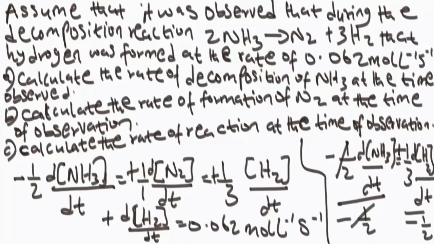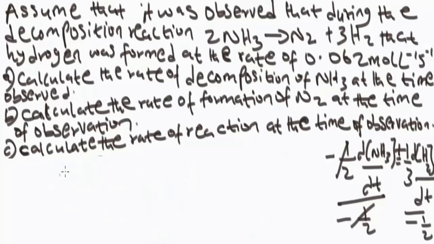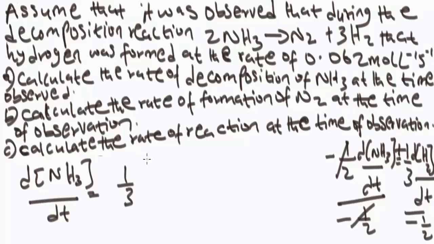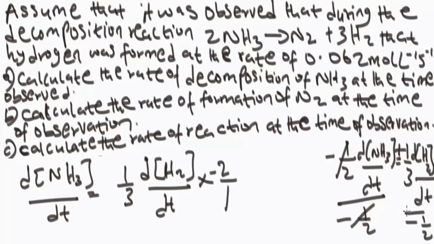When you make ammonia the subject of the formula, we now have the rate of change of ammonia to be 1 over 3, rate of change in hydrogen with respect to time, times minus 2 over 1. When you simplify, this minus 1 over 2 will be inverted to minus 2 over 1.